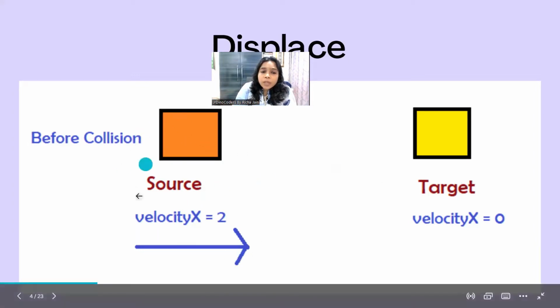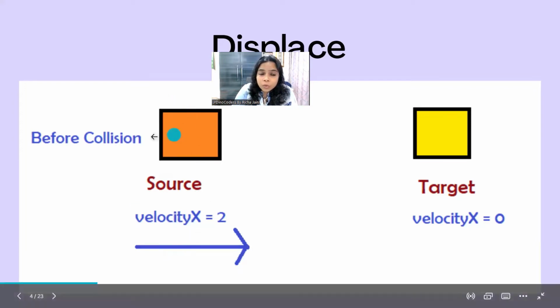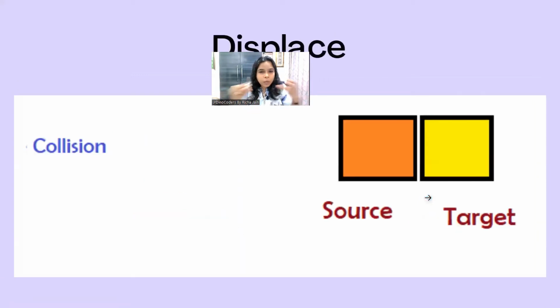While there is another object or sprite which is moving in the x direction with +2 velocity. This is my source sprite and this is my target sprite. The source sprite is moving in this direction with velocity 2, and my target sprite stands still. The collision happens between source and target.